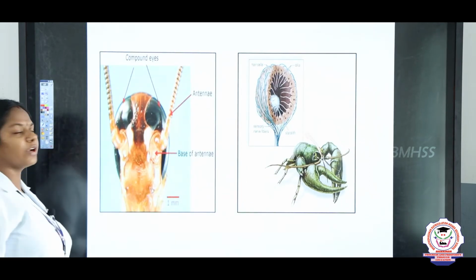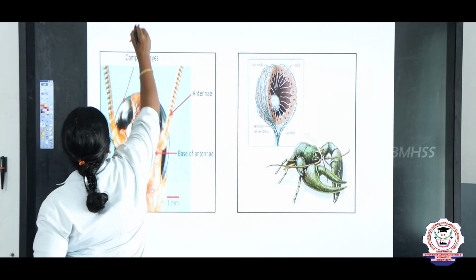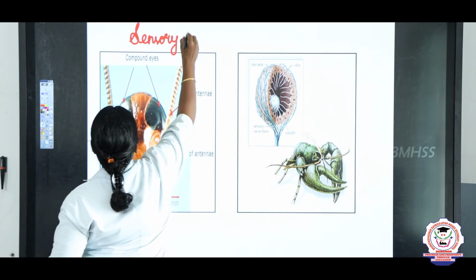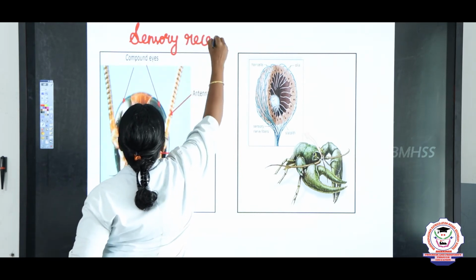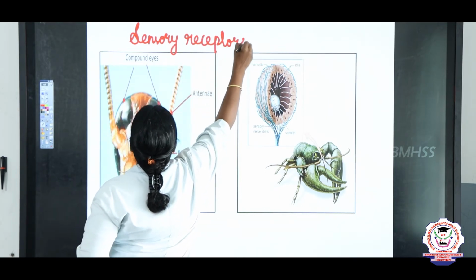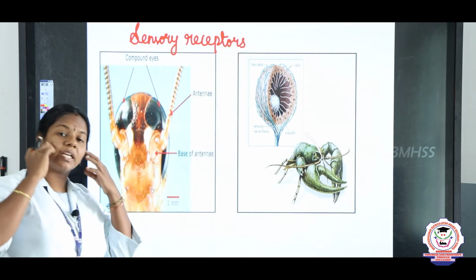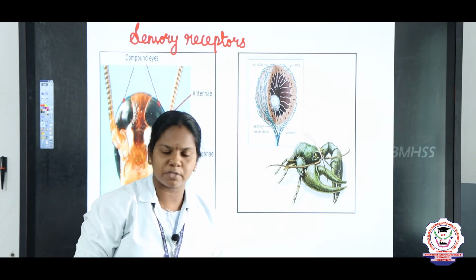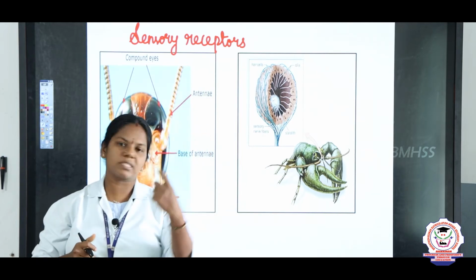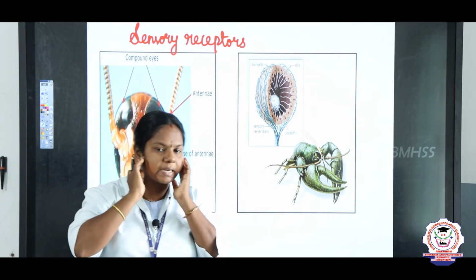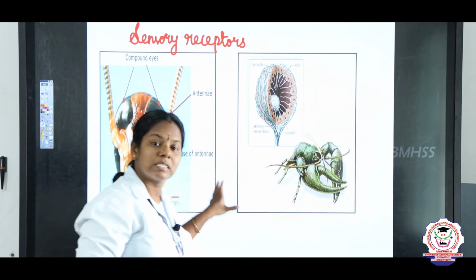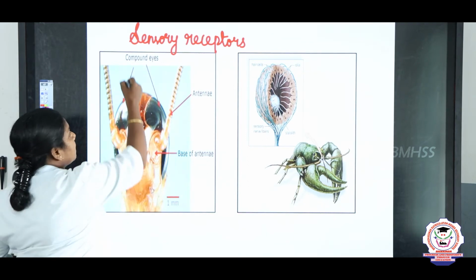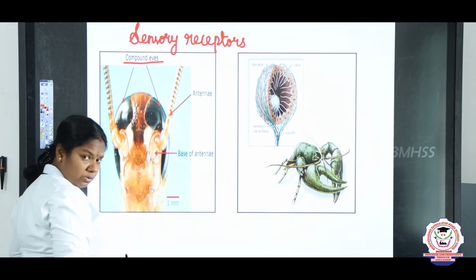Okay, and now we are going to discuss about the sensory organs or sensory receptors. What do you mean by receptors, children? The structures through which we sense the environment and respond are called sensory receptors. For example, eyes we use to see, right? Nose for smell. Likewise, insects also have some sense organs. First one is compound eyes.